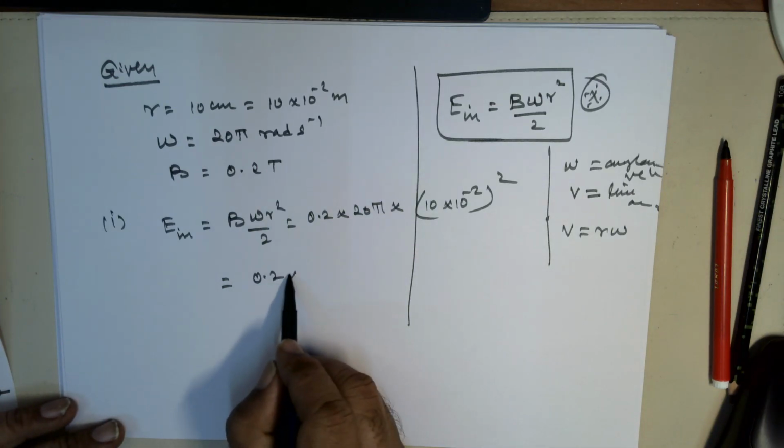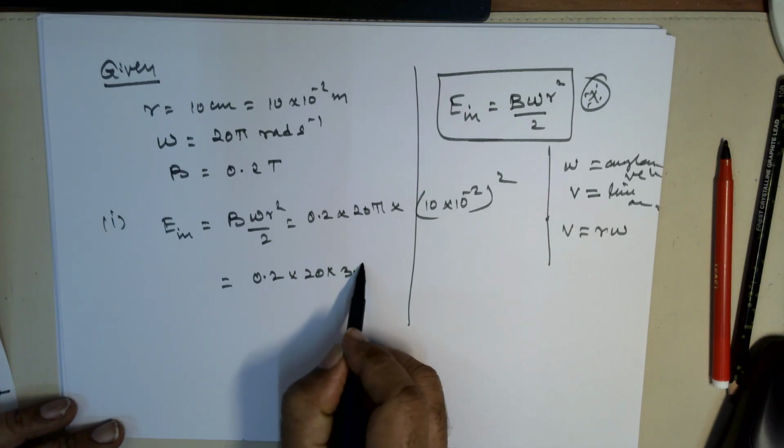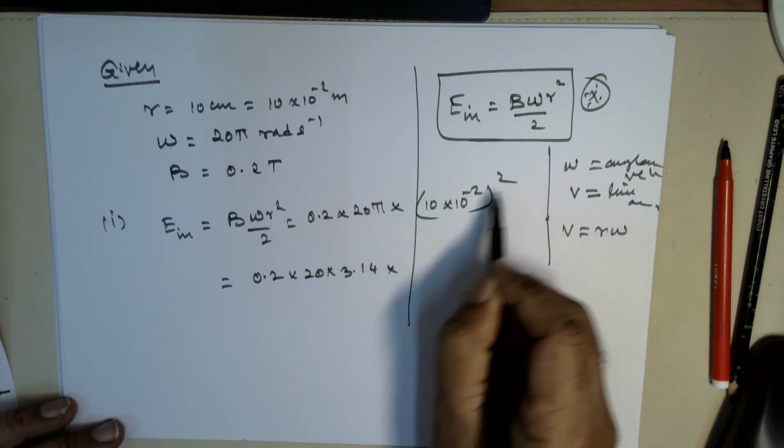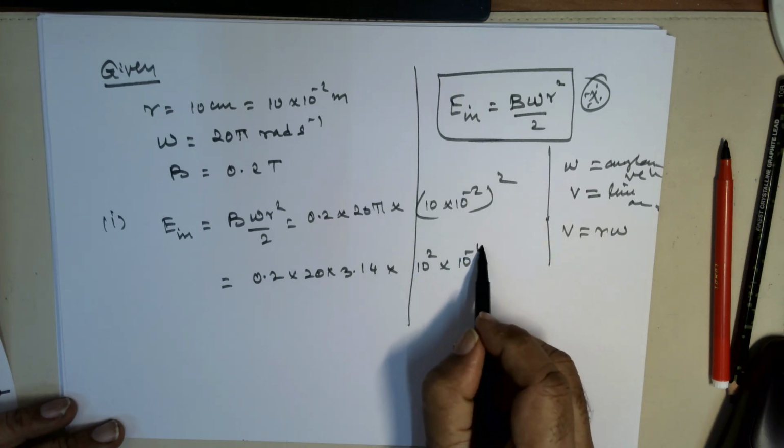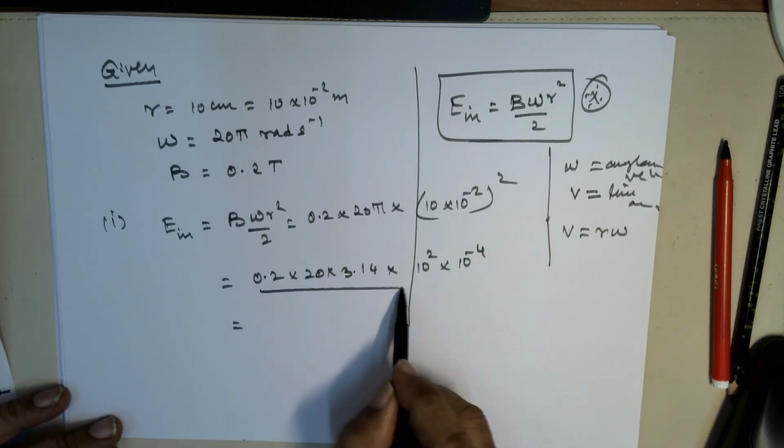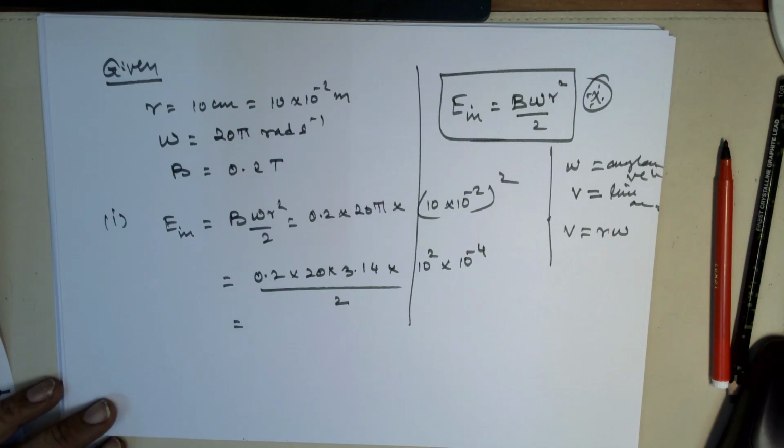So 0.2 into 20 into 3.14 into 10 power minus 4, divided by 2.